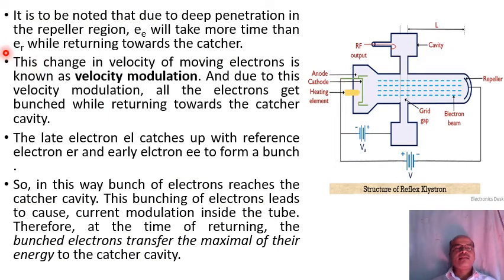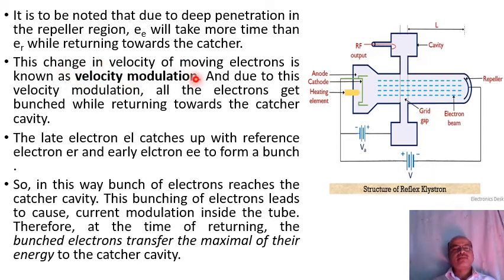In this Applegate diagram, it is to be noted that due to deep penetration in the repeller region, EE will take more time than ER while returning towards the catcher. This change in velocity of a moving electron is known as velocity modulation. So what is velocity modulation? Such a question is asked.